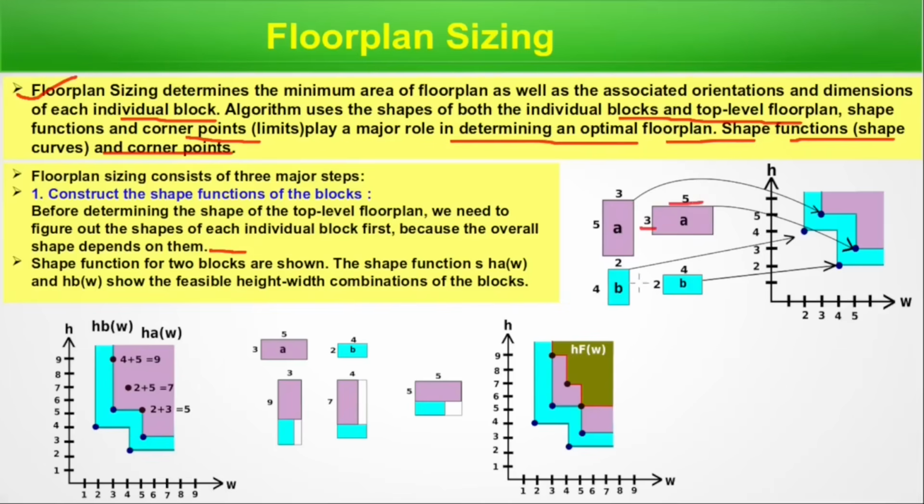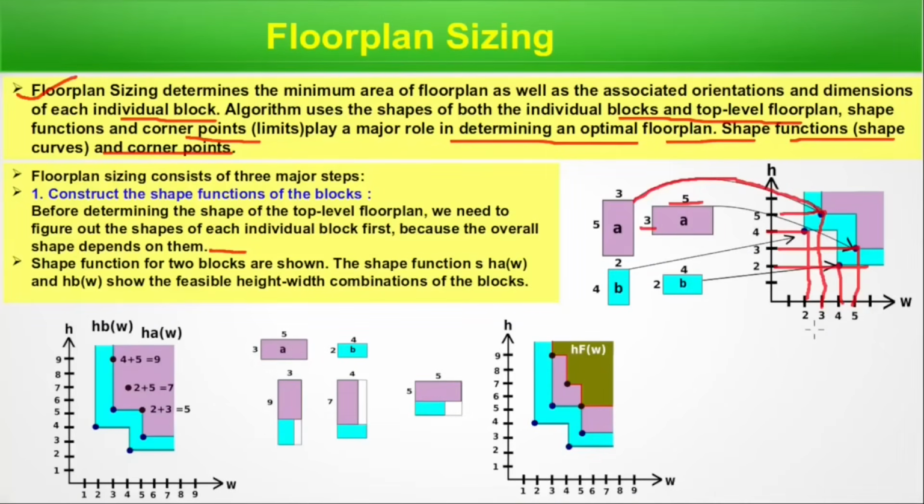Block B is 4 by 2, and if we place it horizontally, it's 2 by 4. In the shape function we present it like this: height 5, width 3, and another is 3, 5. For the second block, 4, 2 and 2, 4. This is how we determine the shape function.